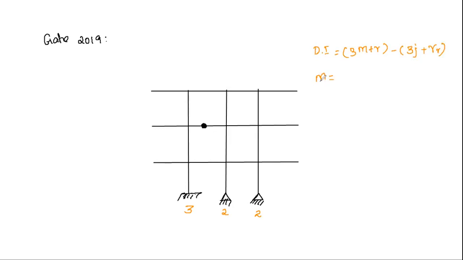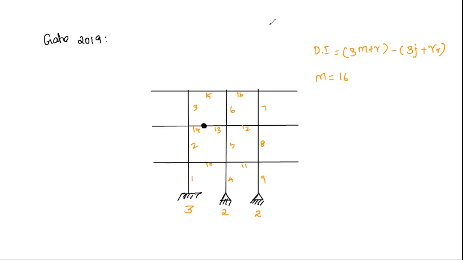So count the number of members. One, two, three, 4, 5, 6, 7, 8, 9, 10, 11, 12, 13, 14, 15, and 16.